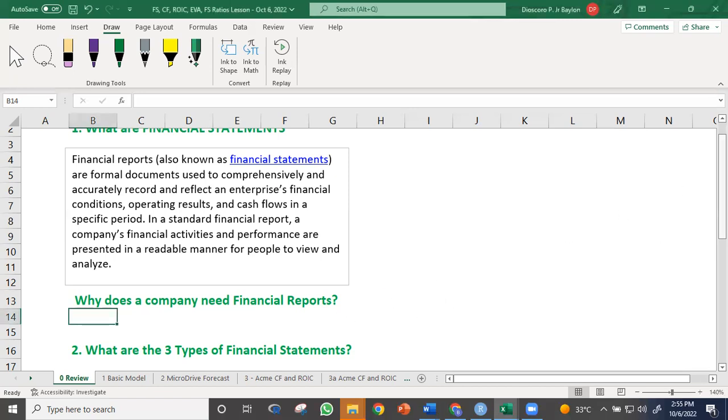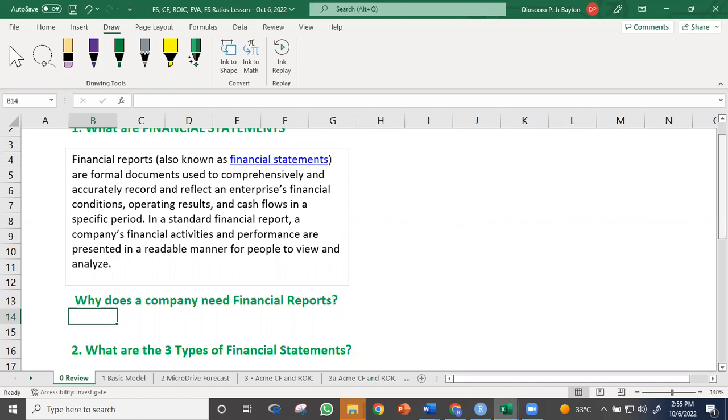Okay, so thank you, Jude, for that answer. Yes, you're correct. Creditors are interested in the financial statements because they will have to decide whether the company is capable of servicing its obligations. If the company is already highly leveraged, which means that they already have a huge debt ratio, then the lender would think twice to lend to them because they might be servicing too much interest expense already.